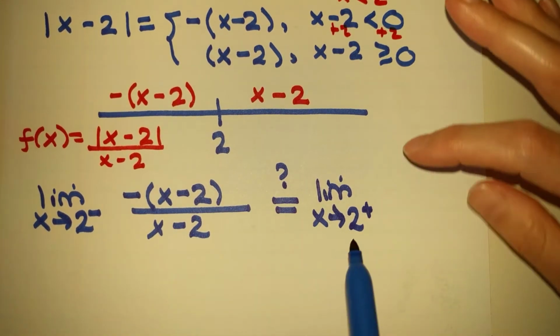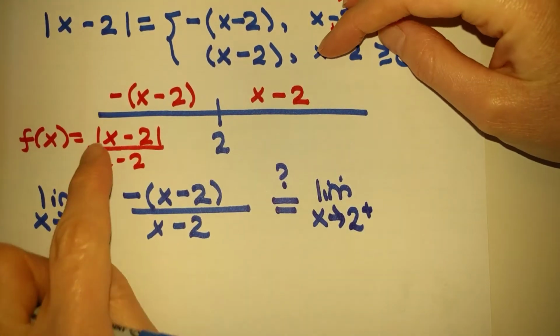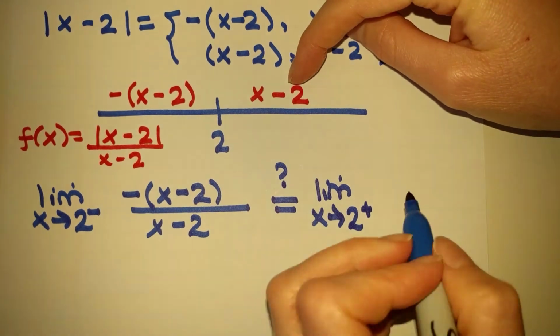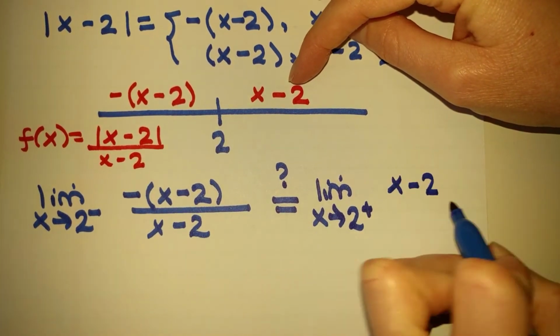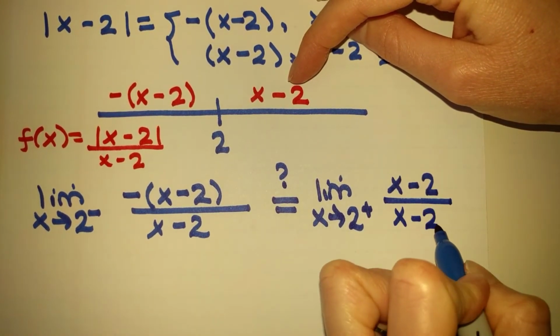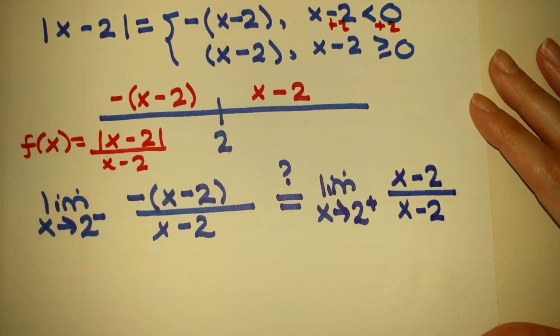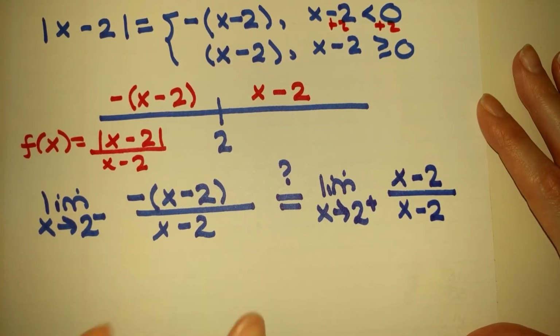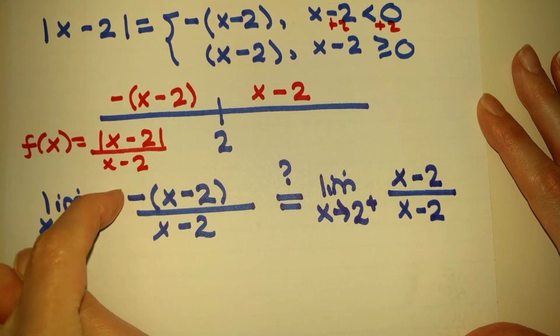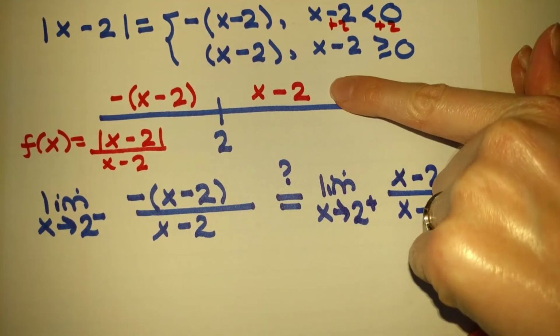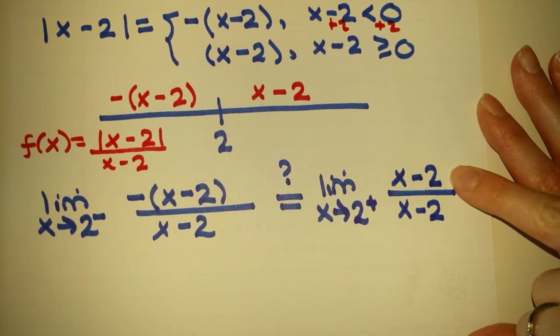So in this situation, I would look at from the right. So now for this absolute value, I would substitute in just x minus 2 over x minus 2. All right, so my limit from the left will be defined by the negative parentheses x minus 2 in the numerator. Limit from the right will be defined by this piece, which will just be x minus 2.